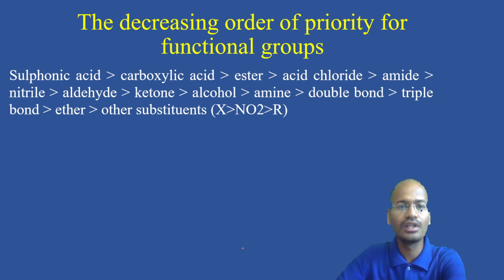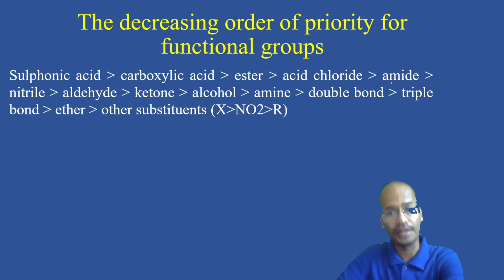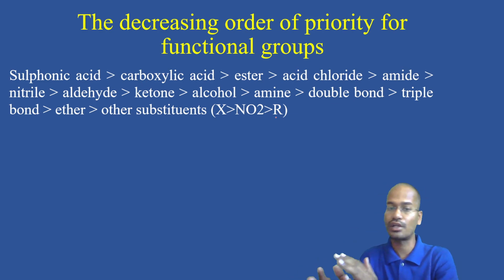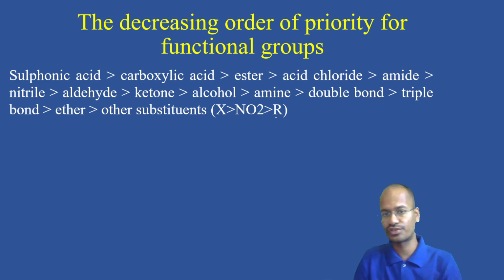This is the decreasing order of priority: sulfonic acid, carboxylic acid, ester, acid chloride or acid halide, amide, nitrile, aldehyde, ketone, alcohol, amine, double bond, triple bond, ether, and other substituents like halogen, nitro, and alkyl. This is the priority order list for deciding which should be a suffix and which should be a prefix.